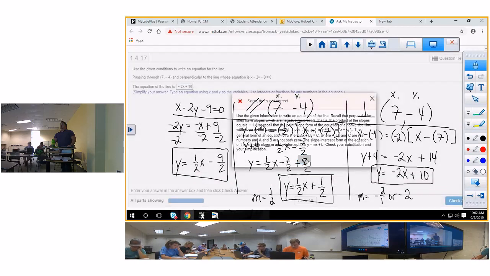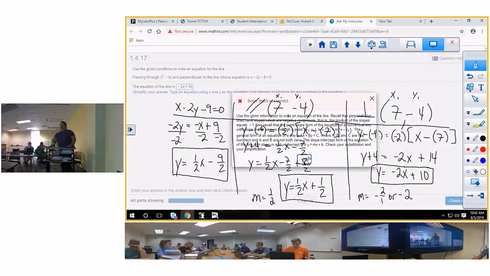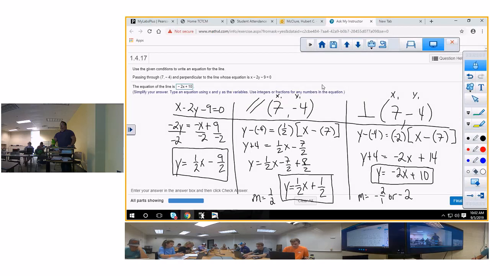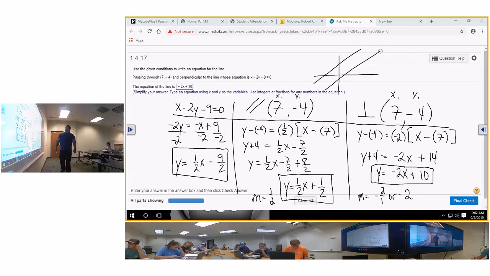Okay, wait, why does M do something different? What is the rule with parallel and perpendicular with M? With a parallel line, the slope is the same. Think about it. If you have a parallel line, what's the same thing with a parallel road? Exactly. A parallel line, the slopes are going to be what? Equal.